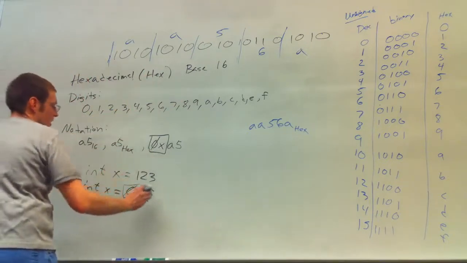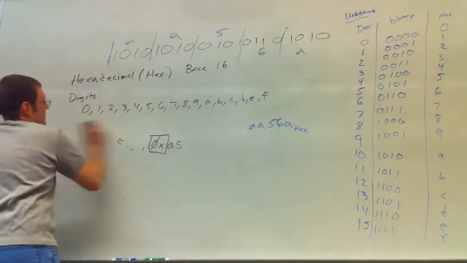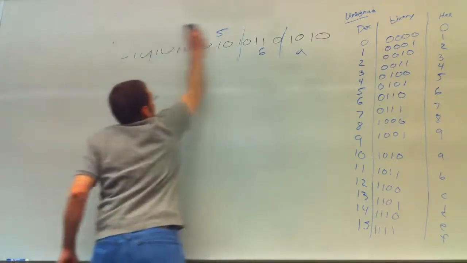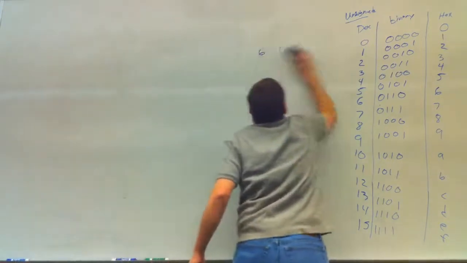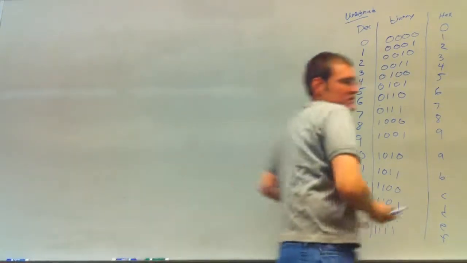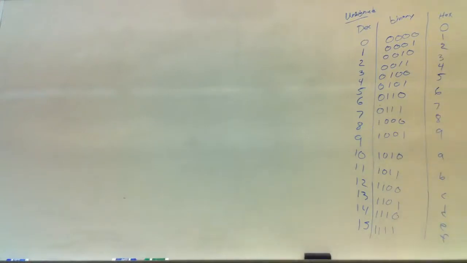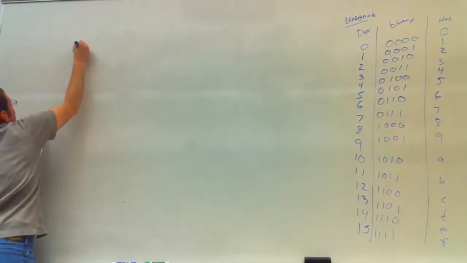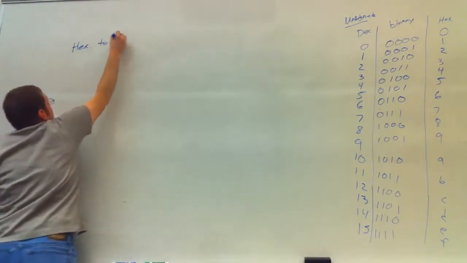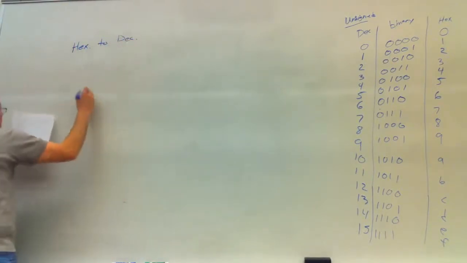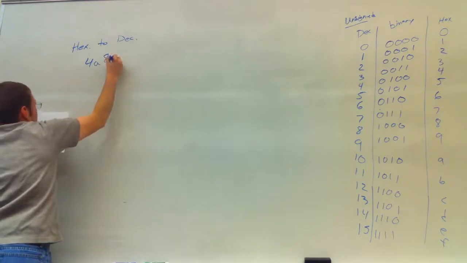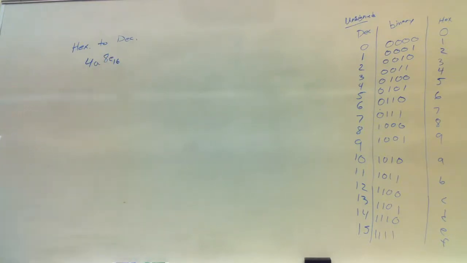So now we're going to go from hex to decimal. There you go. I'm doing a pretty big number. Alright, so we're going to have 4A8E.